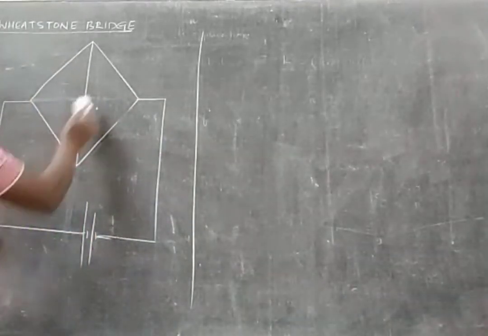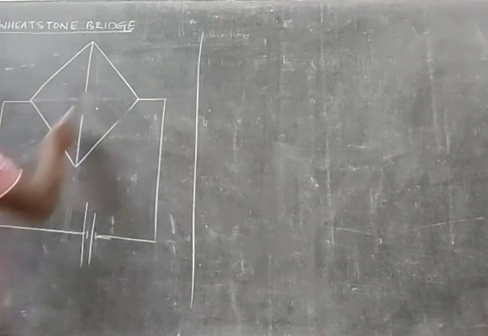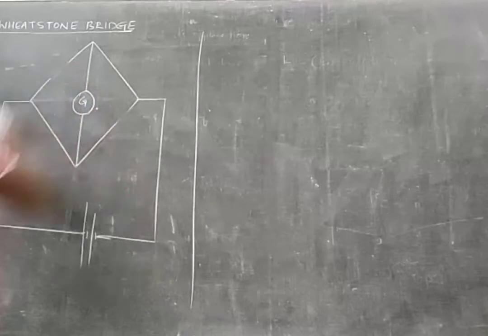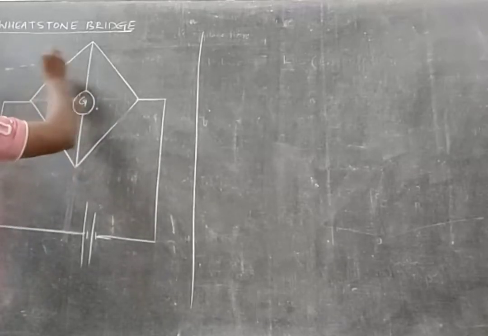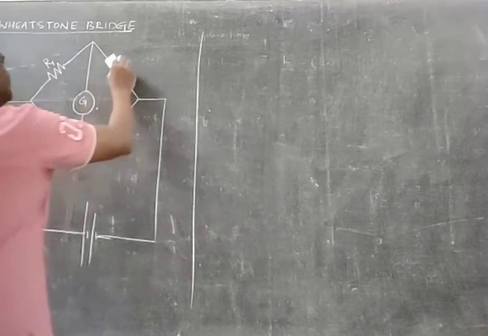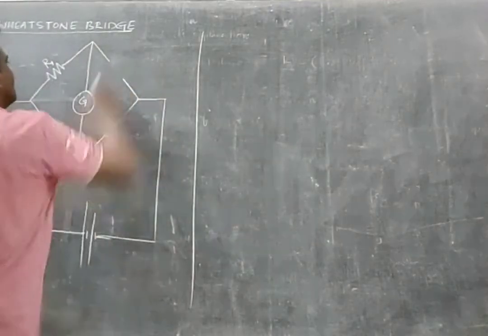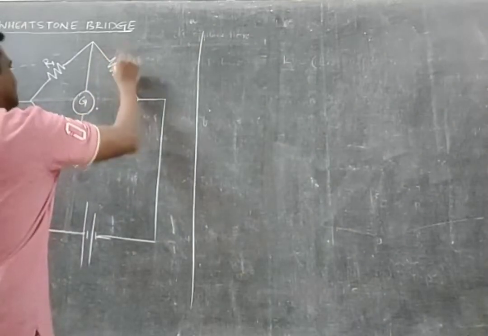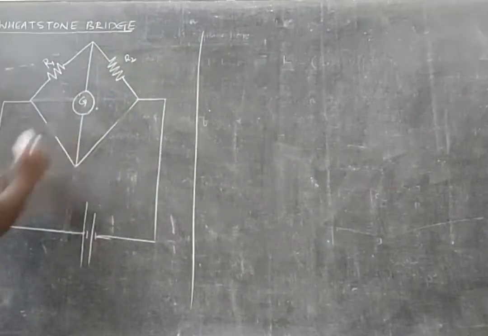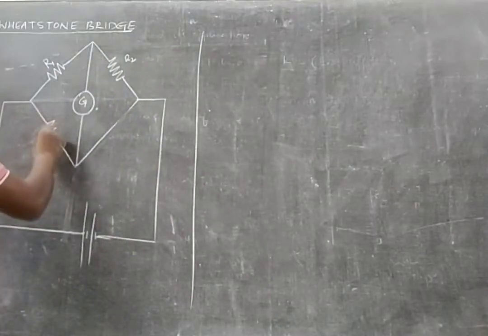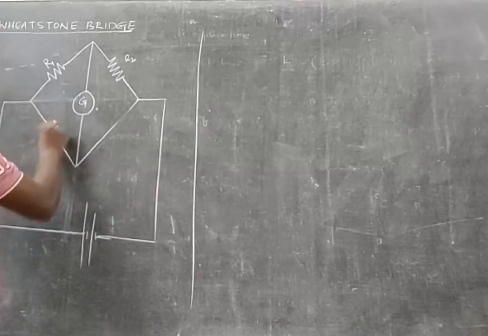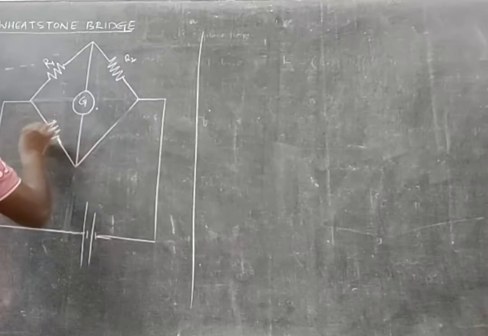This is my galvanometer. Resistance, let it be R1. Resistance R2. Resistance R3.